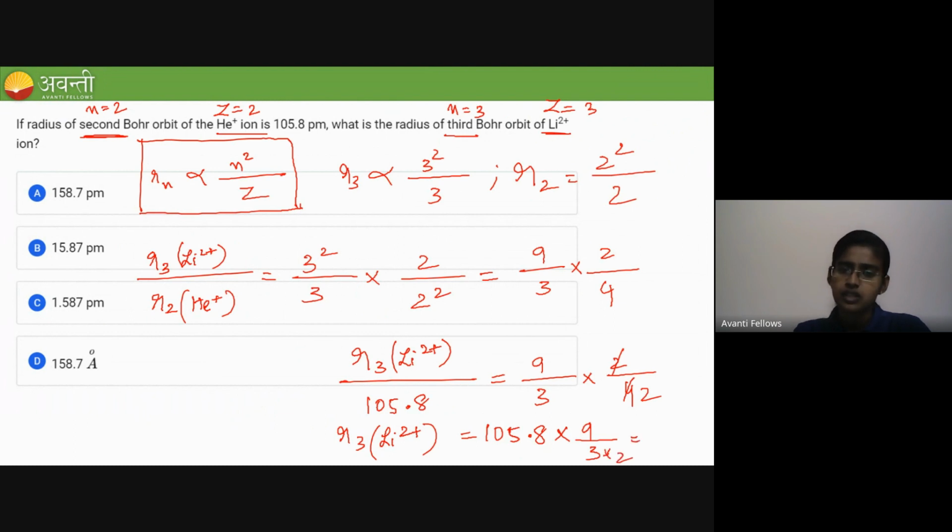On solving this, we will get 158.7 picometer as the answer. Got it? Here also you can solve, that is 3 by 2 into 105.8 will give 158.7 picometer, so option A is the correct answer for this question. Now coming to the next question.